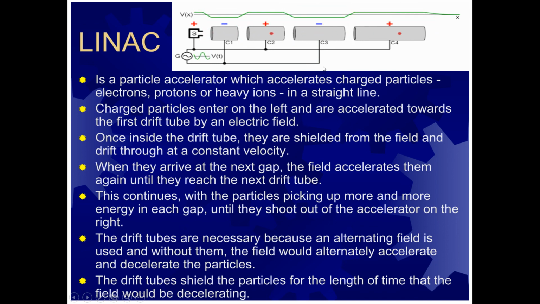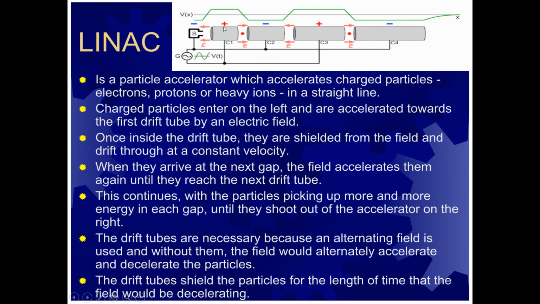The question here is why we are utilizing the drift tubes, or what is the function of these drift tubes. The drift tubes are necessary because an alternating field is used, and without them the field would alternately accelerate and decelerate the particles.